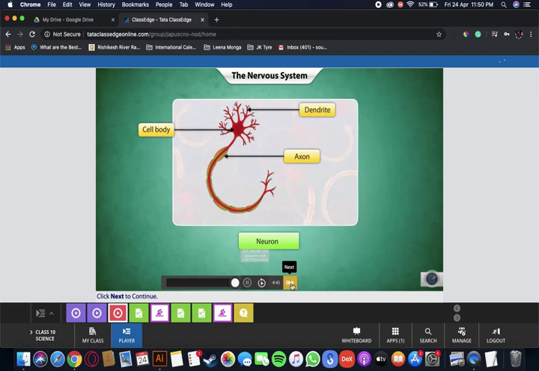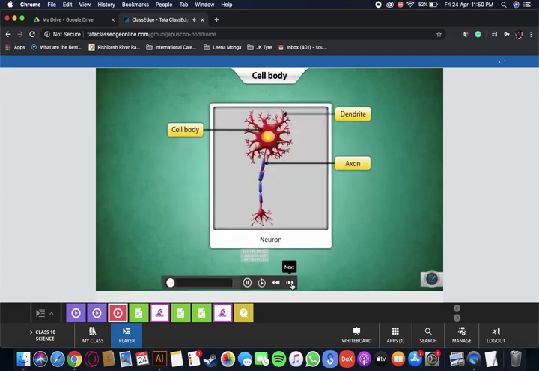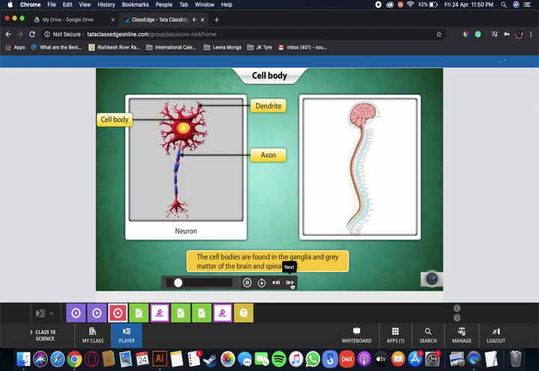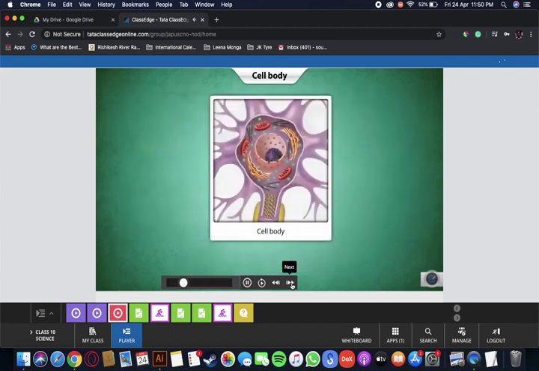Now, see that. The cell body is the swollen part of a neuron. It is also called perikaryon or soma or cyton. The cell bodies of the neuron are found in the ganglia and gray matter of the brain and spinal cord. The cell body contains the nucleus surrounded by cytoplasm or neuroplasm.